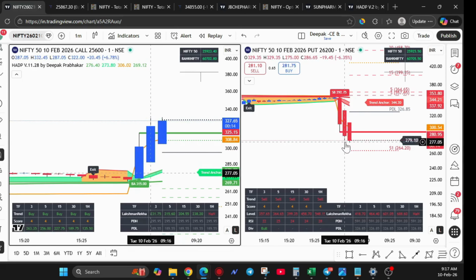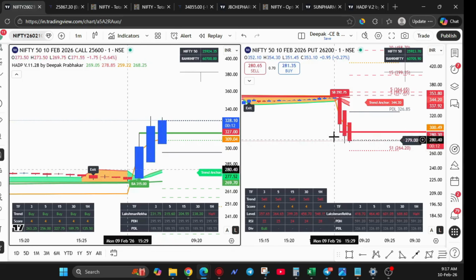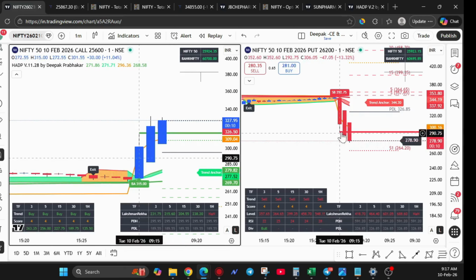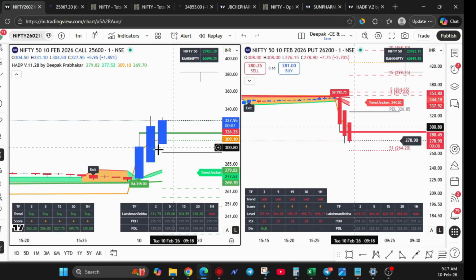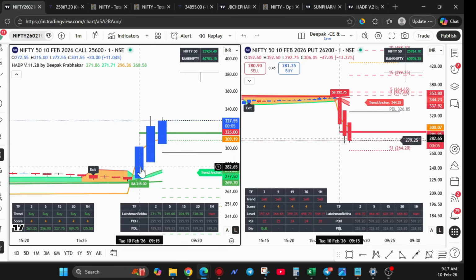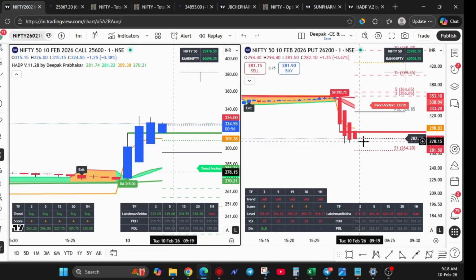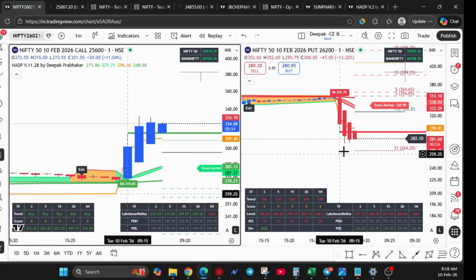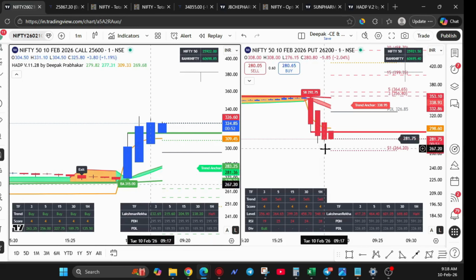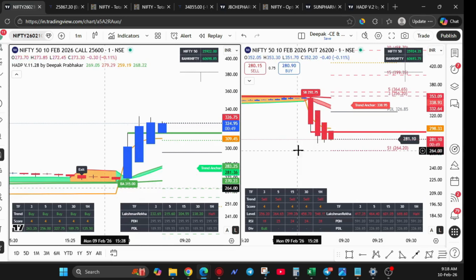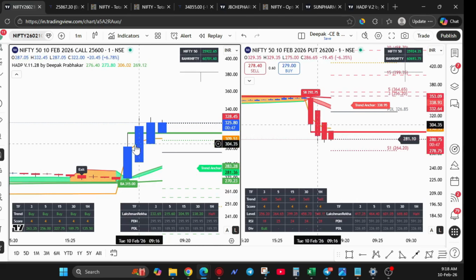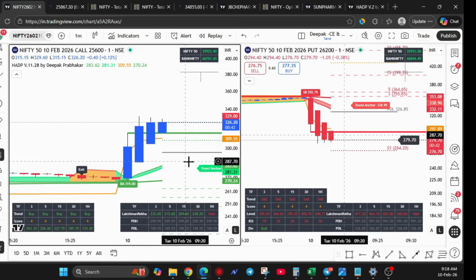We are making sure that the person who has sold the put is putting 1.75 lakhs to 2 lakhs of margin money versus you buying, let us say 300 into 65, or let's say 70, around 22,000 rupees is what your investment is for buying a call, versus for him it is 1.75 lakhs to sell a put. So we should wait for the sell below to trigger. Only at that time, if buy triggers, right, then only you should buy.